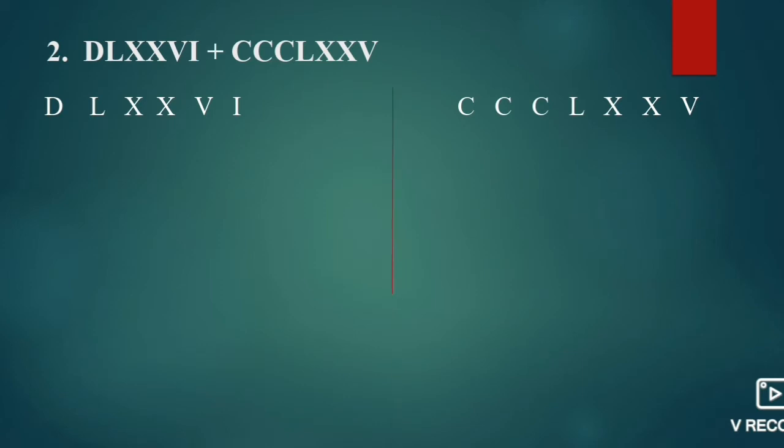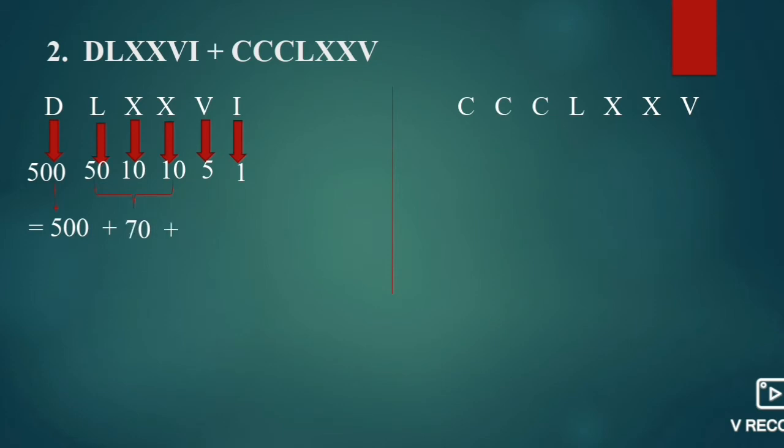First, let us find the value of DLXXVI. The value of D is 500, L is 50, X is 10, again X is 10, V is 5 and I is 1. 500 plus 50 plus 10 plus 10 gives 570. 5 plus 1 gives 6.